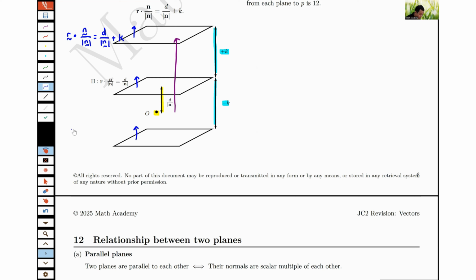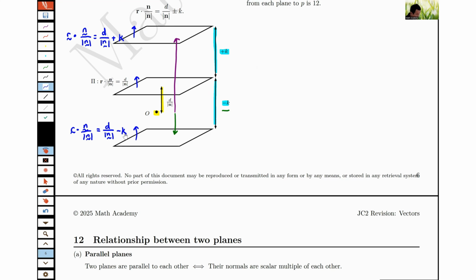So the bottom plane equation is the same structure. R dot n over mod n. What is the distance to origin? It is this distance here. The green distance is d over mod n subtract k. So your right-hand side should read d over mod n subtract k.